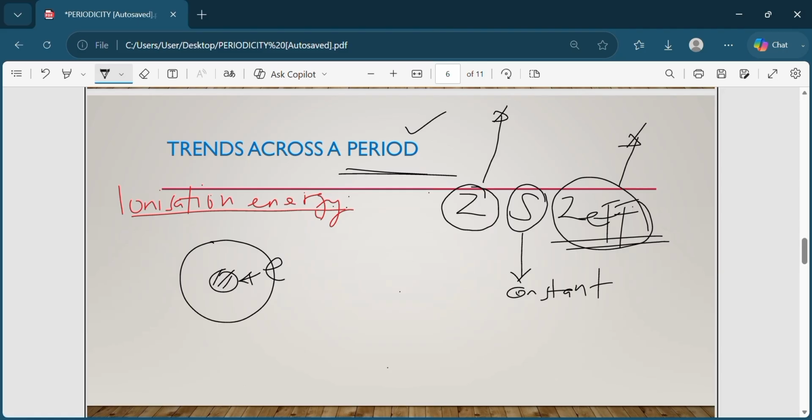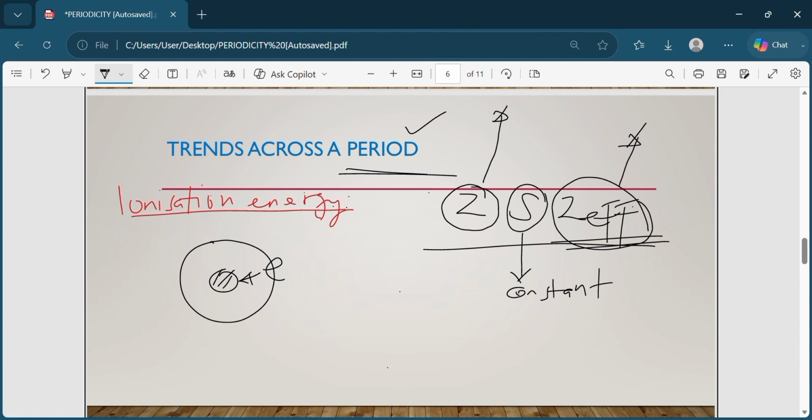With that simple understanding of how these three properties are varying across a period, as you're moving across a period, will the ionization energy increase or decrease? It is a simple question for the brain. The minimum amount of energy required to remove an electron from a gaseous atom or gaseous ion to form a positively charged gaseous ion: will it increase or decrease?